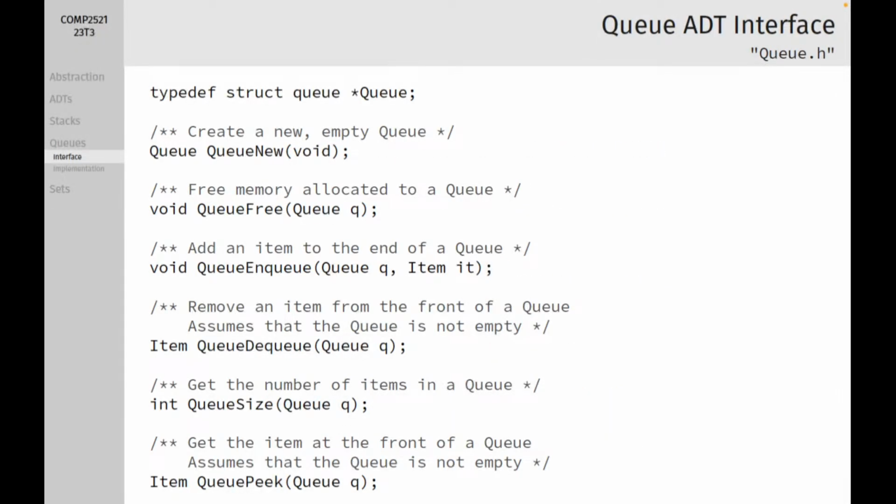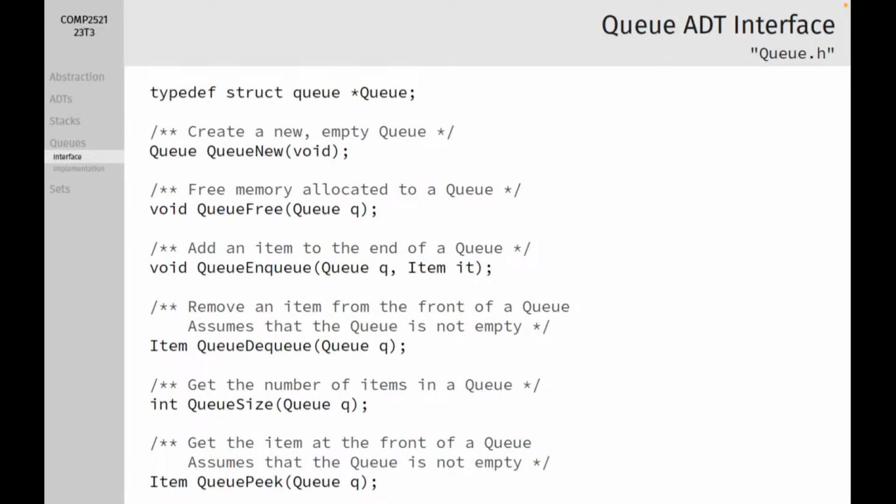All right, so here are the function prototypes for the queue operations. Queue new, create a queue; queue free, free a queue; enqueue, add an item to the end of a queue; dequeue, remove an item from the front of a queue; queue size, get the number of items in a queue; and queue peek, get the item at the front of the queue without removing it.